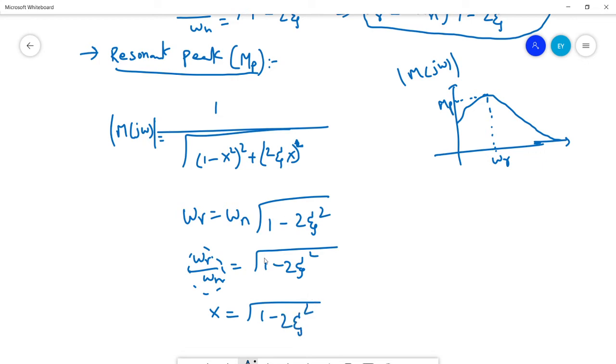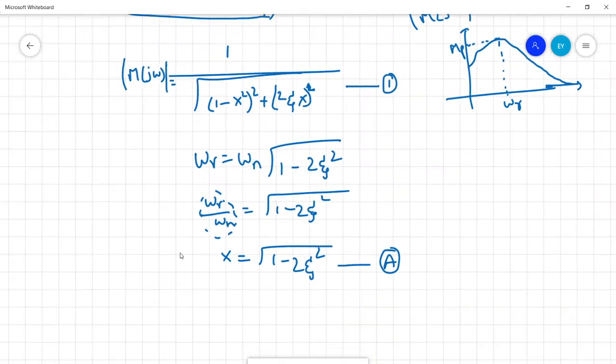So what you can do is substitute this x. This I will take as expression a, and the magnitude as expression 1. Substitute a in 1.